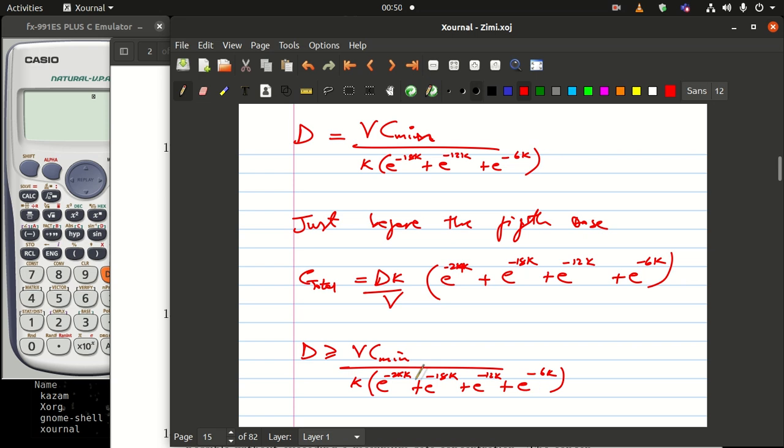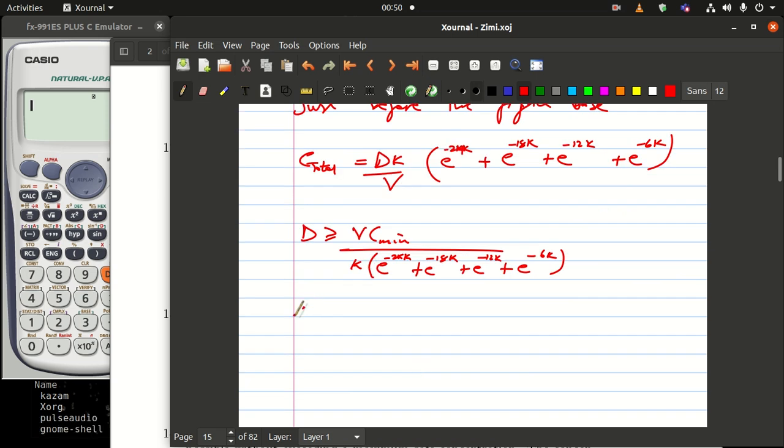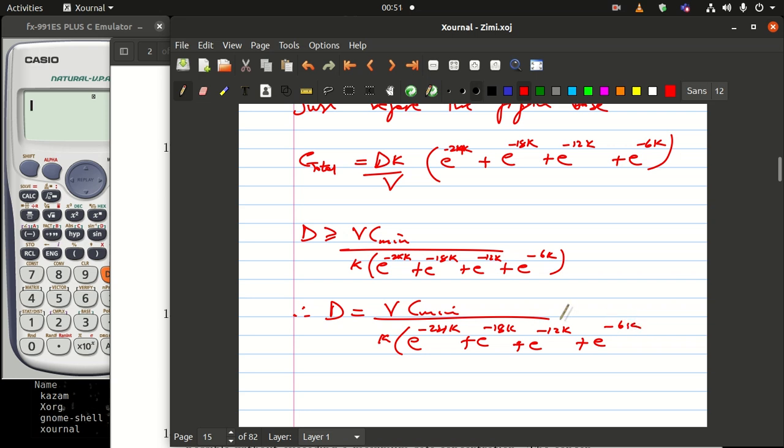Then you choose D to be equal to V times C min, divided by k, times that same sum of exponentials.